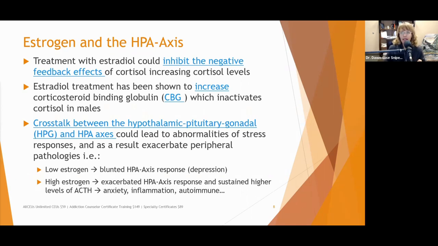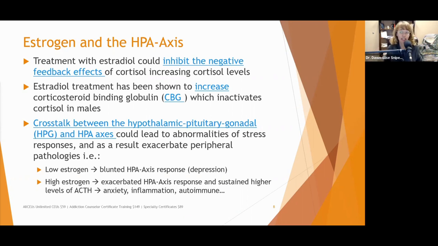Crosstalk between the hypothalamic pituitary gonadal axis and the HPA axis could lead to abnormalities of stress responses, and as a result exacerbate peripheral pathologies, which basically means if your hormones are out of whack or your HPA axis is dysregulated, both of them are going to affect each other synergistically and can cause a whole host of other problems.